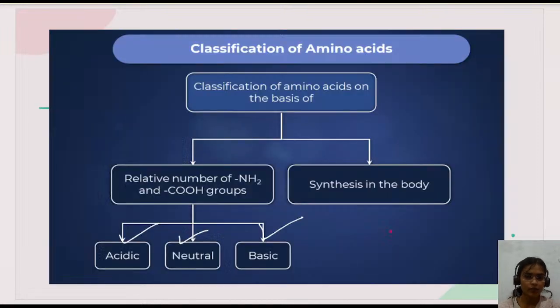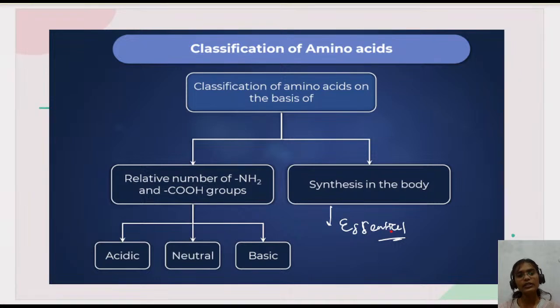Anyway, what we are discussing is the synthesis in our body. In our body we have two kinds of amino acid, essential and non-essential. Do you know the meaning of essential? The amino acids which are not synthesized in our body, so we require them from outside.